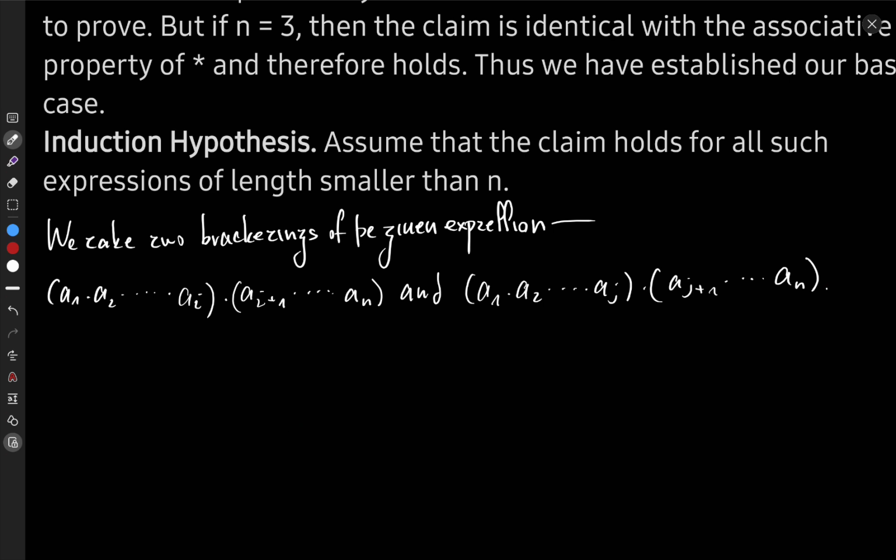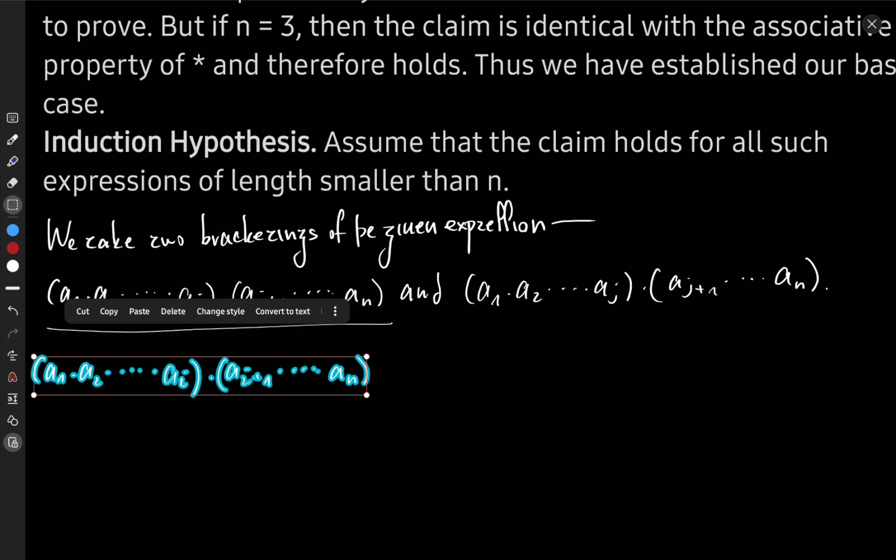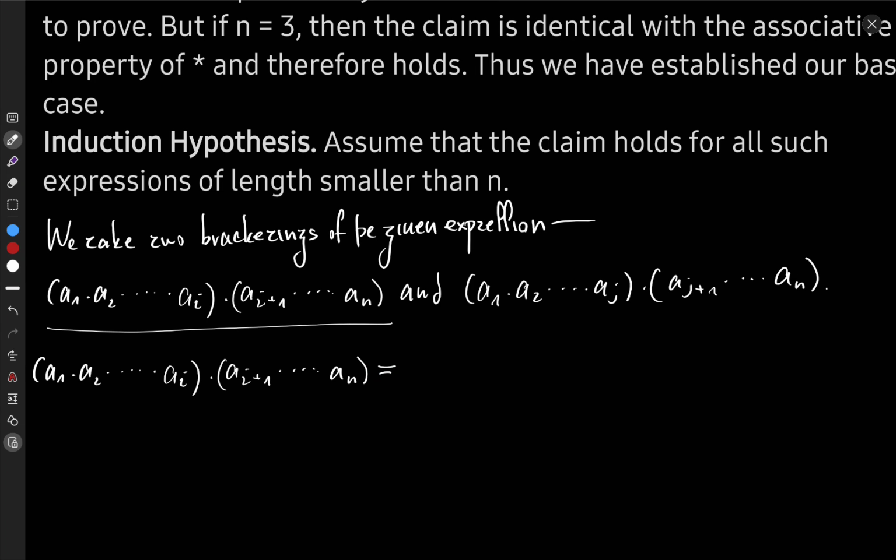So we have two different bracketings, and we shall show that they are equal, and this will conclude the induction step, and thus prove the claim. We shall need the induction hypothesis and the associativity for three elements, right? So we take the first one, and we copy this, and now we use the induction hypothesis.